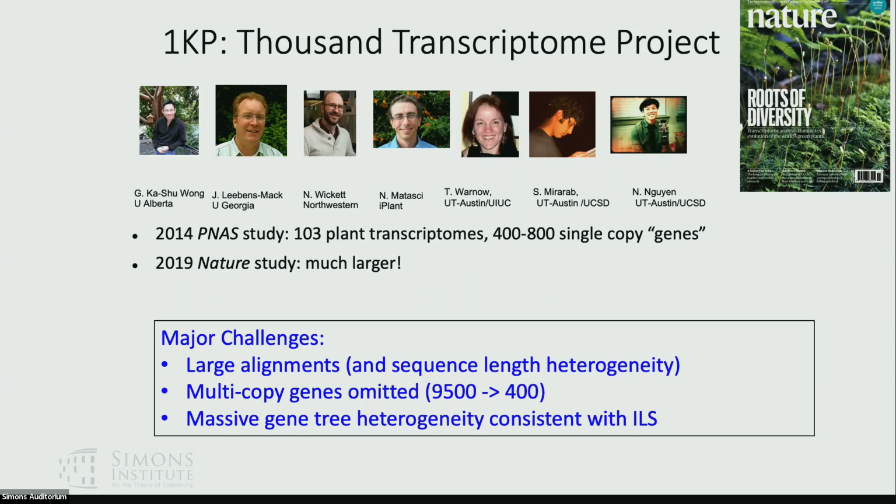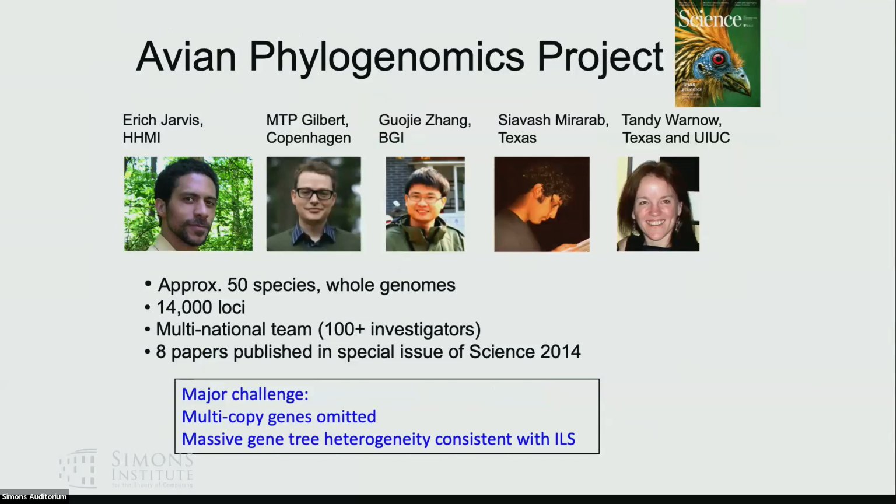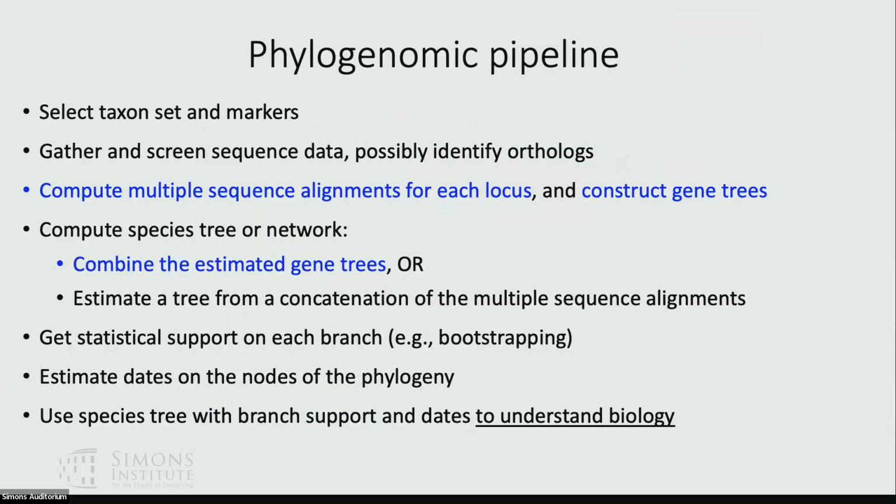And then we get a species tree from this, but then we see that the gene trees are very different from each other, and it's consistent with incomplete lineage sorting. Similar thing with the Avian project, except that there wasn't as much GDL, so we didn't lose really that much data. But we still had a lot of gene tree heterogeneity consistent with incomplete lineage sorting. So these are problems that affect many phylogenomics pipelines.